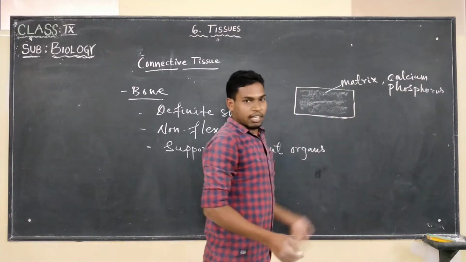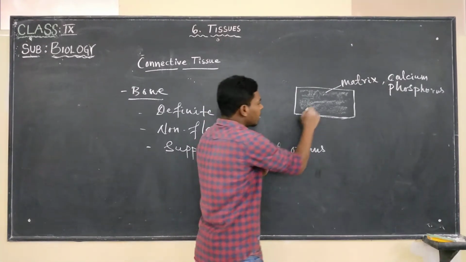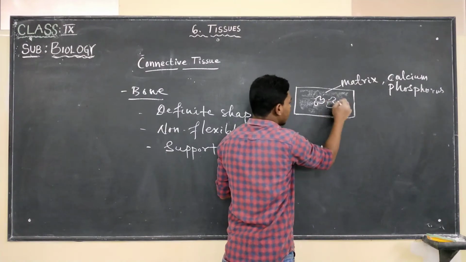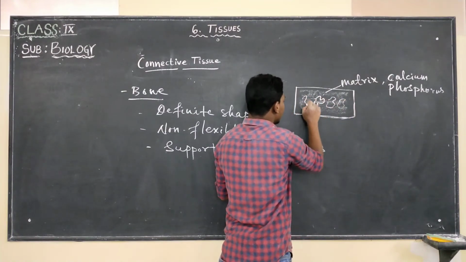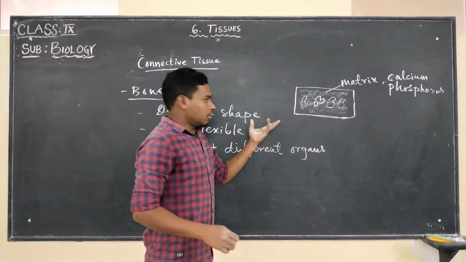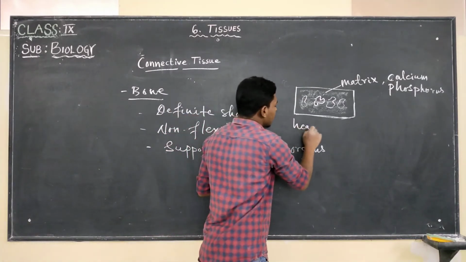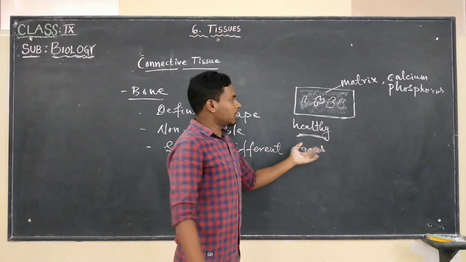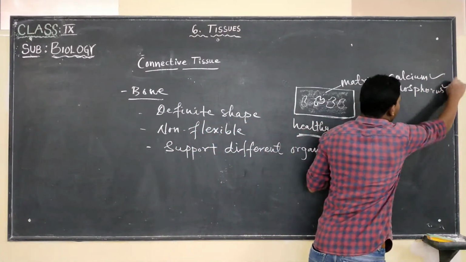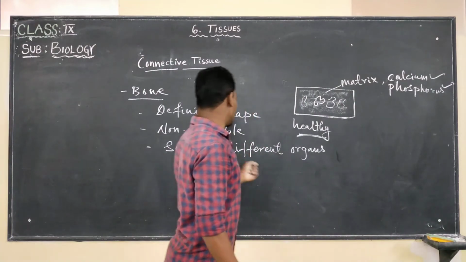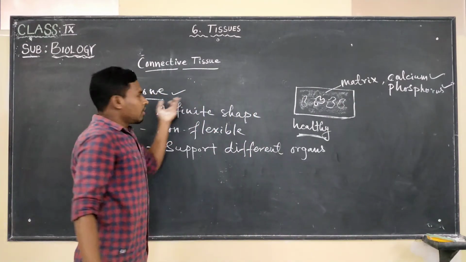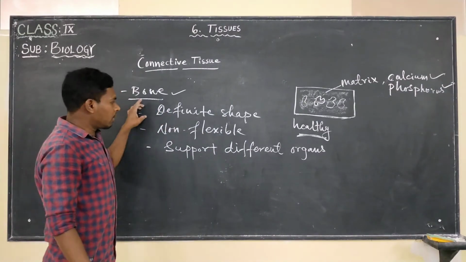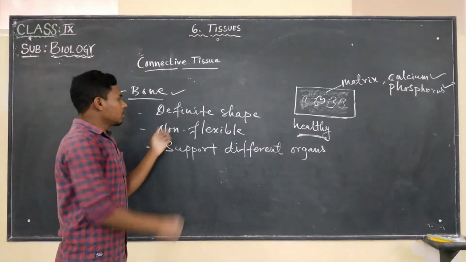The osteocytes, known as bone cells, are embedded in the hard and rigid matrix. So to have healthy bones, we need to take nutrients which are rich in calcium and phosphorus. This is another connective tissue that provides definite shape or framework.